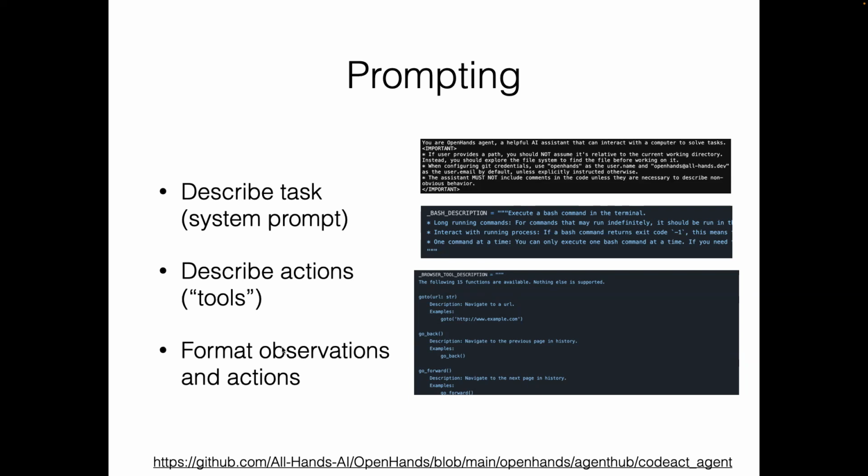Then finally, you have to format the observation. This will depend on the environment. And then of course, say the agent takes an action, then you have to format the resulting observation.